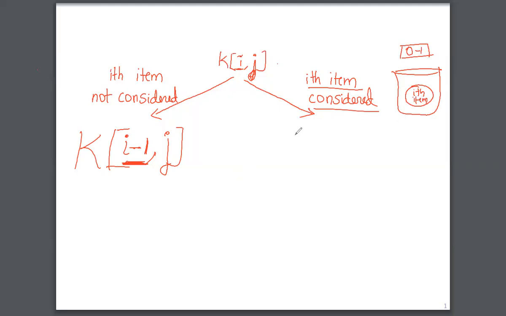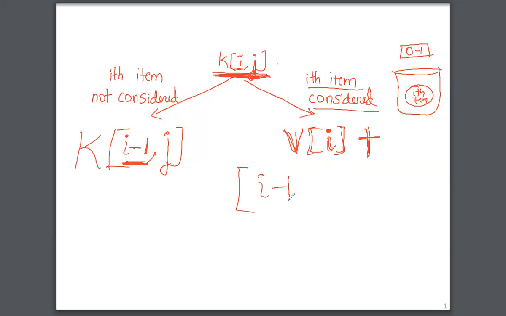If you add the ith item, this is the maximum total value. That total value is V of I, the value of the ith item, plus the remaining items. What are the remaining items?